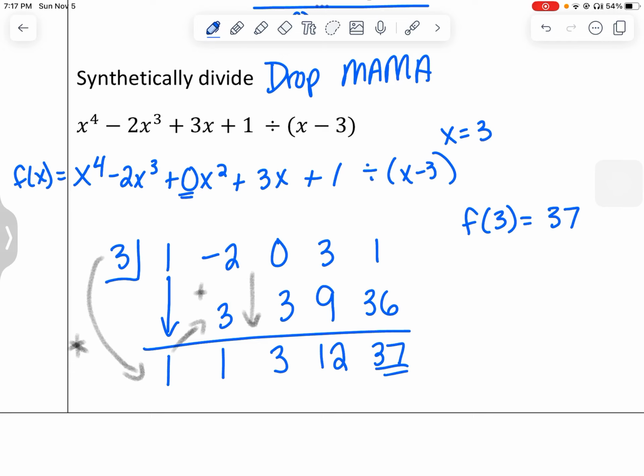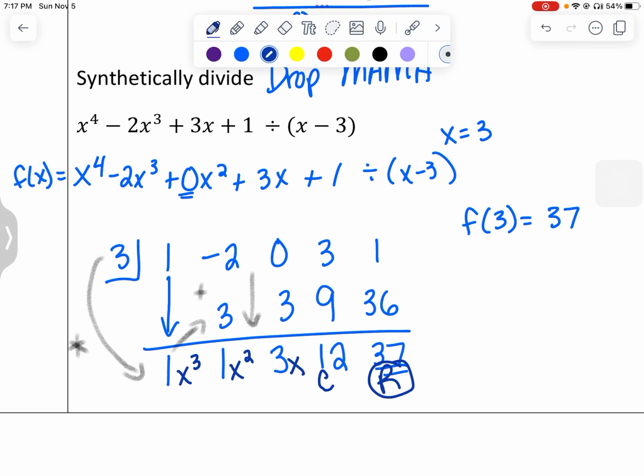When we're doing synthetic division, these are the coefficients of our divided polynomial. So we did an x to the fourth divided by an x, which means we would have an x cubed as an answer. And so we would have 1x cubed, then it would be x squared, then it would be x. This would be your constant term, and then this would be your remainder.